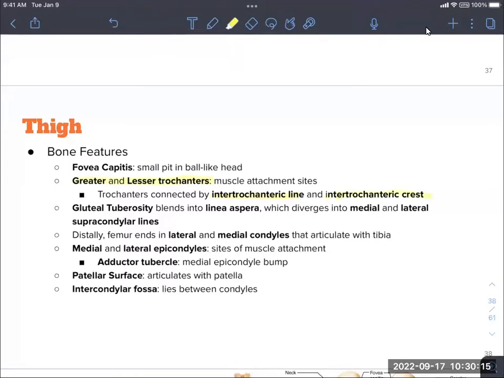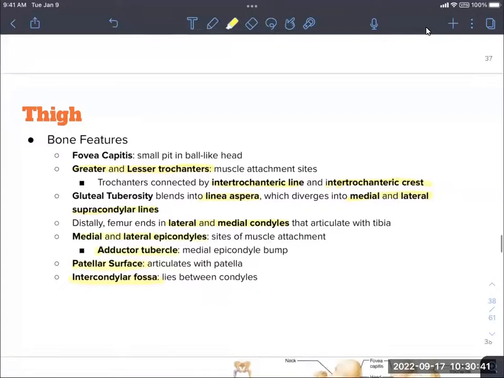They have a linea aspera, medial and lateral supracondylar lines, medial and lateral condyles, medial and lateral epicondyles. We have a patellar surface, an intercondylar fossa, and we also have the adductor tubercle.